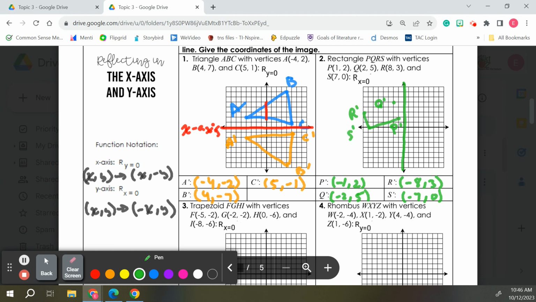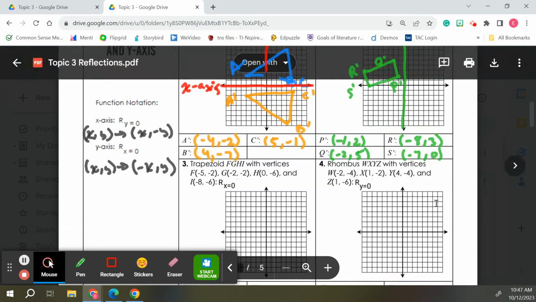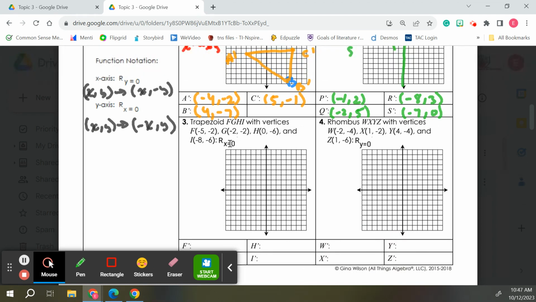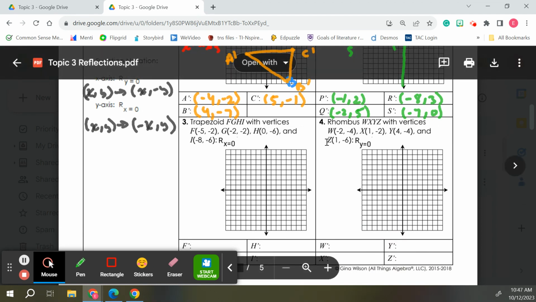So that should be what your reflection looks like. I want you guys to try it for 3 and 4 on your own. Make sure you take a look at what you're reflecting, okay? Go ahead.